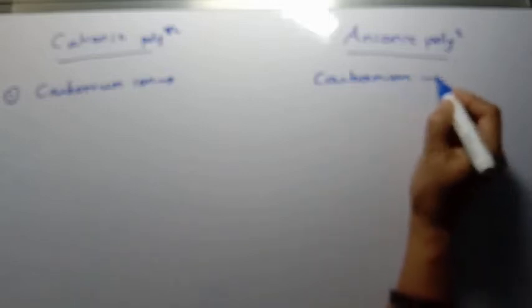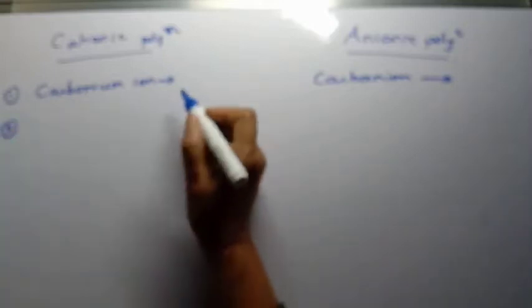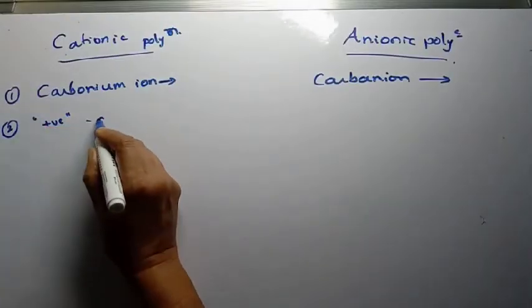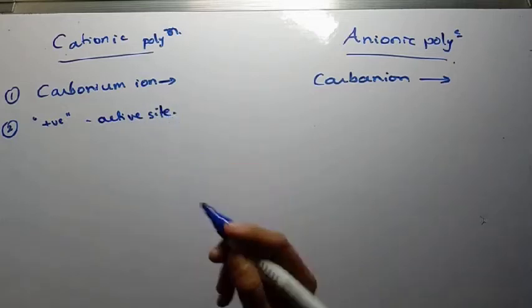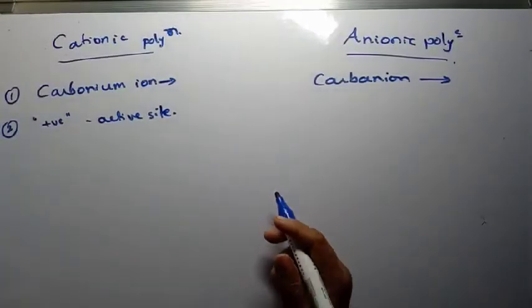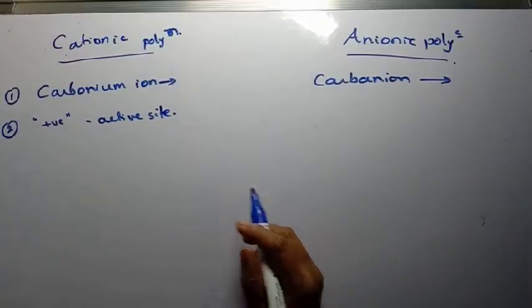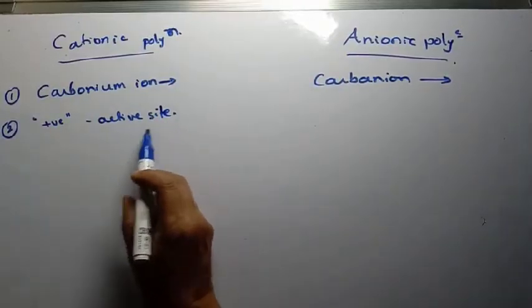The second one: in carbonium ion, the positive charge is the active site, which leads to the lengthening of the chain, and acts as a chain carrier.